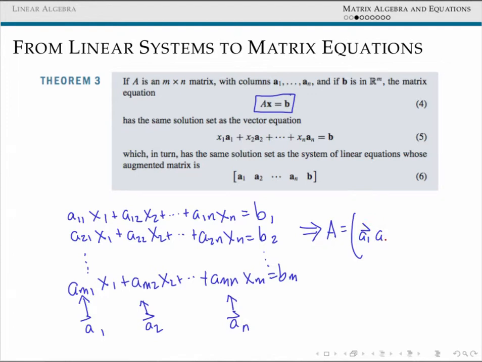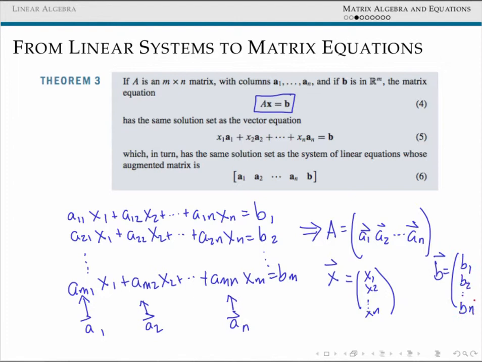We translate our system of linear equations into the product of the vector x with this matrix A, where each of our columns are precisely the coefficient vectors of our x1, x2, up to xn, and our solution vector B are just all of our constants that each of those linear equations were being set equal to. So there are m of these, not n.